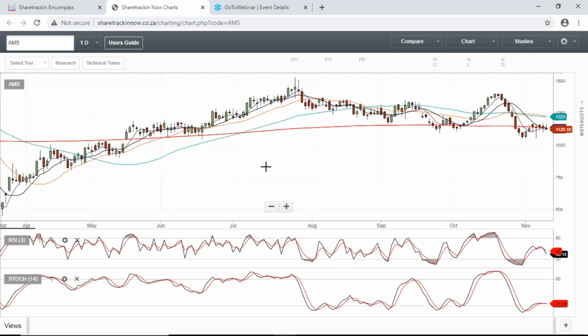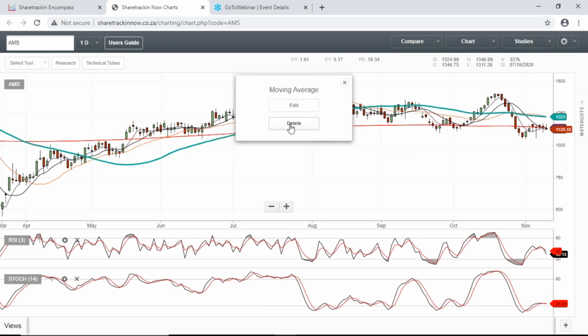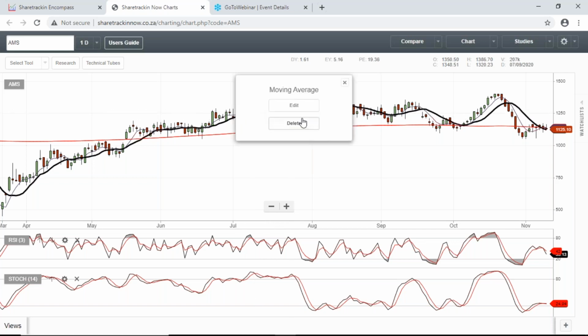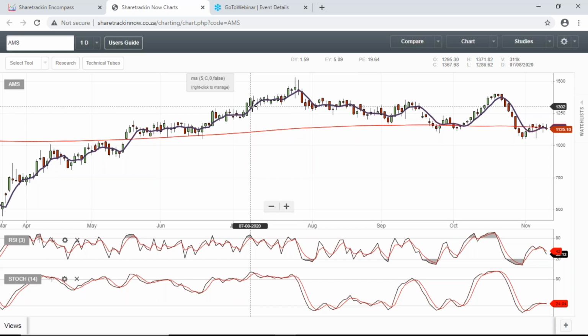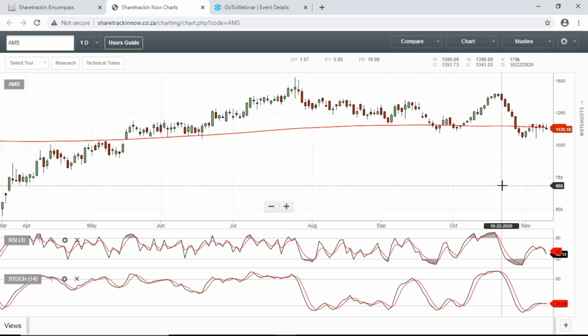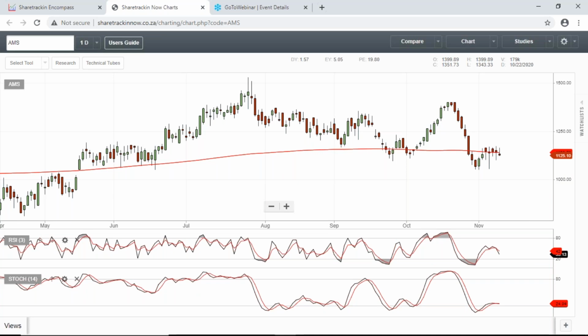So as you can see here, my graphs are already filled in. So I have my 200-day moving average. I have my stochastic. I have my RSI. I'm just removing the rest. And according to that, I can make a decision. So if I look at the moving average, it is going up.